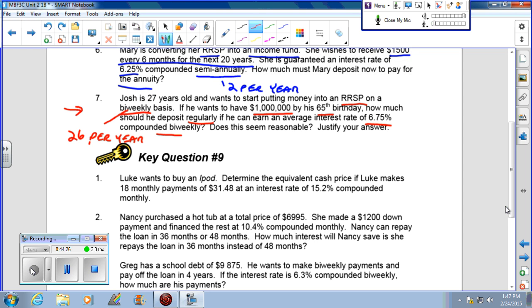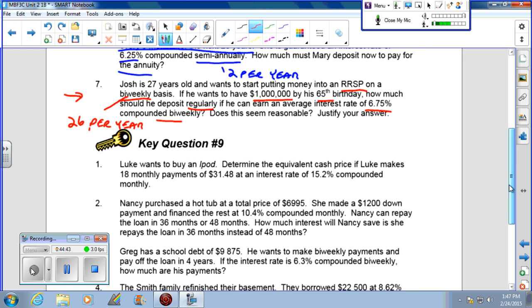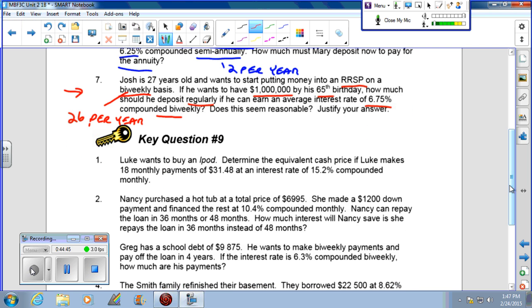Oh, okay. Well, it's the same one, right? So it looks to me like you're going to use the regular payment version of the one that we just looked at. So instead of the A version of it, it's the R version. Because the value of our annuity is going to be our A right here, and what we want to know is what is the R. I think we have everything else.